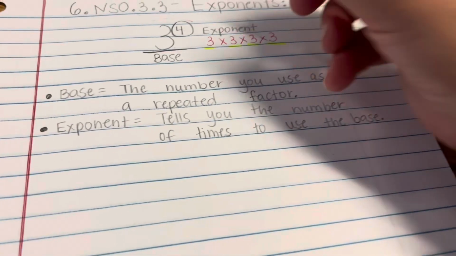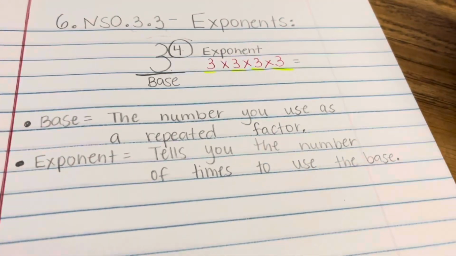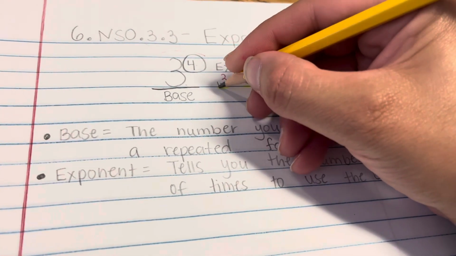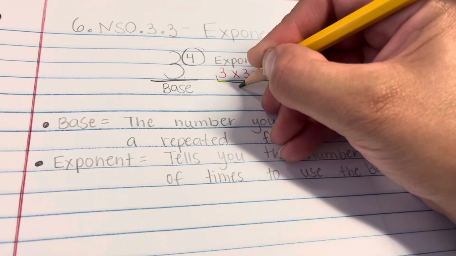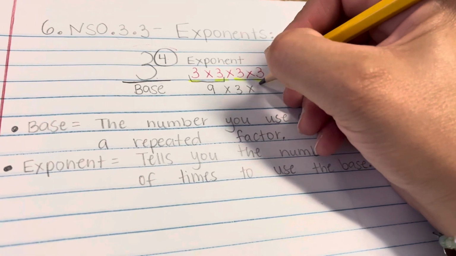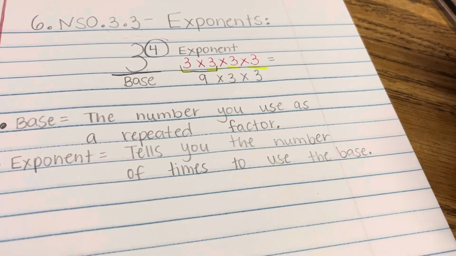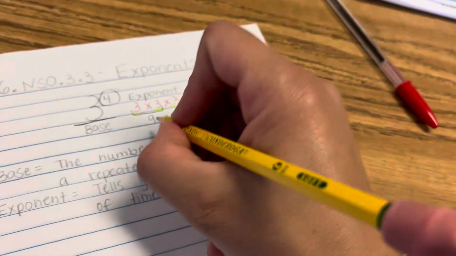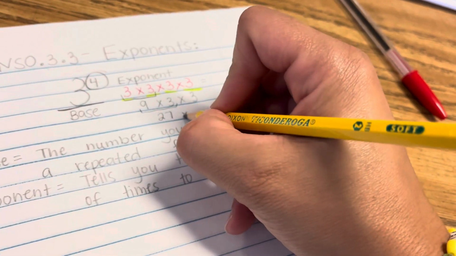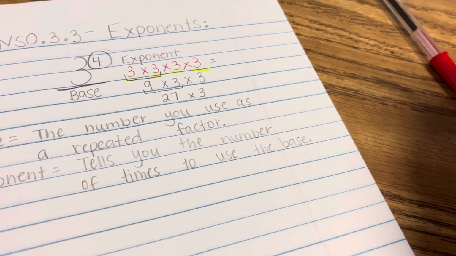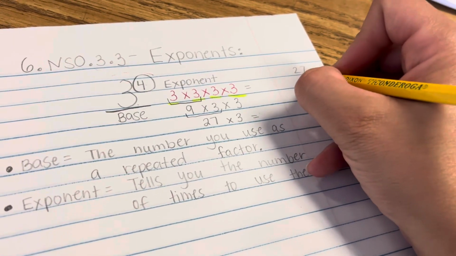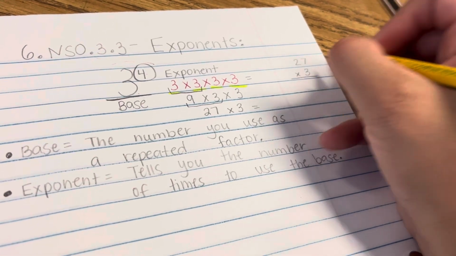The way that you do this is one little piece at a time. I'm going to say that 3 times 3 is 9, and I'll bring it down. Then 9 times 3 is 27. I'm going to bring it down until I've used everything. If you need to, off to the side, you can try 27 times 3.